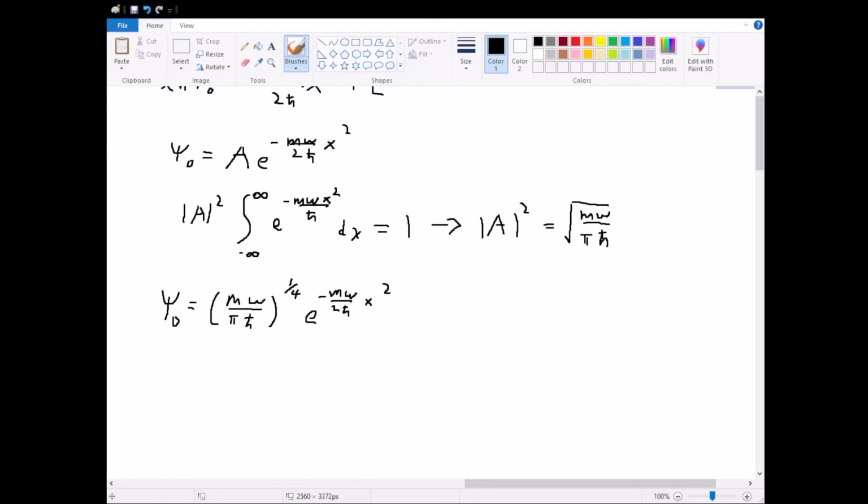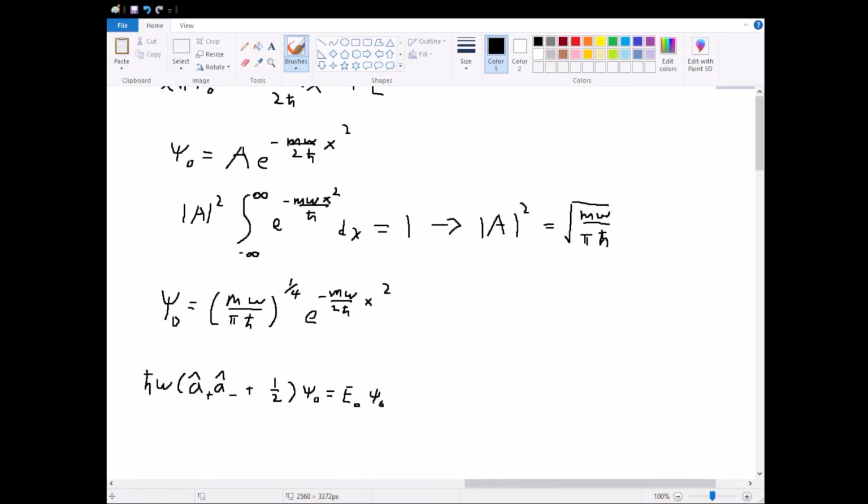And next, to determine the corresponding baseline energy, we can shove this back into Schrodinger's equation, because Schrodinger's equation in terms of the ladder operators, as we've defined earlier, is h bar omega times a hat plus times a hat minus plus 1/2, times psi naught, and this equals the baseline energy, E naught psi naught.